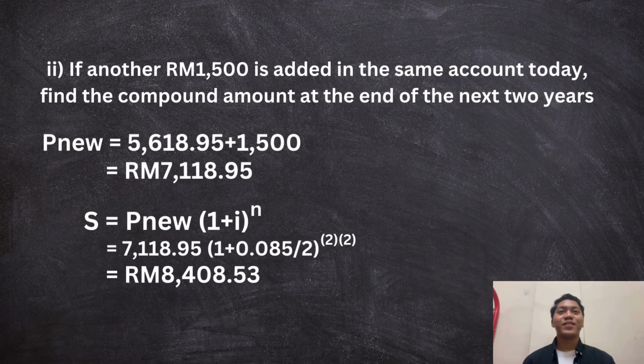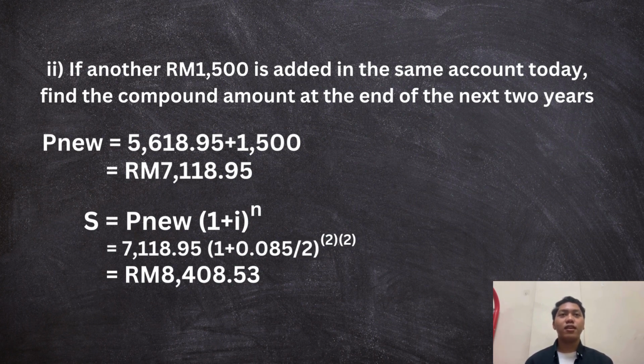B2. If another 1,500 ringgit is added in the same account today, find the compound amount at the end of the next 2 years. In this case, we have to find the amount for P new first, where the formula is P new equals S plus the new amount that is added.